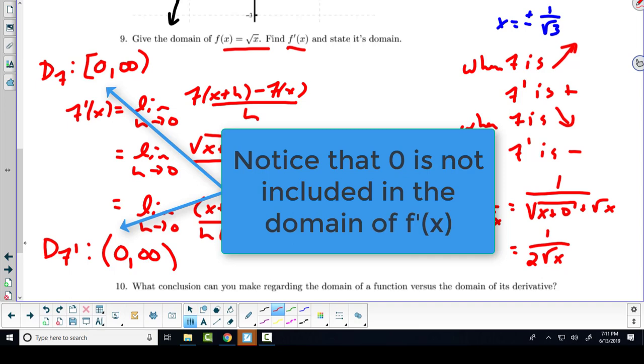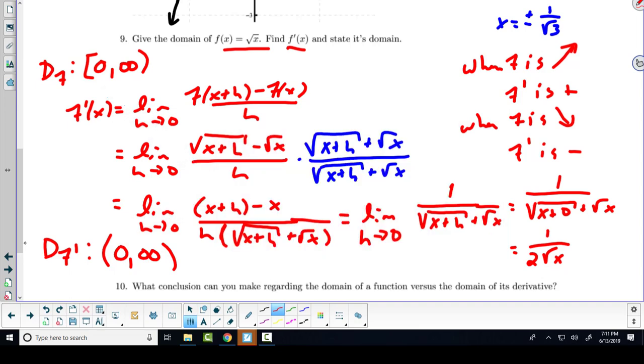The derivative does not exist where? At x equals 0. Does the derivative always have to exist? No. Sure enough, I mean, you cannot evaluate this expression at 0.